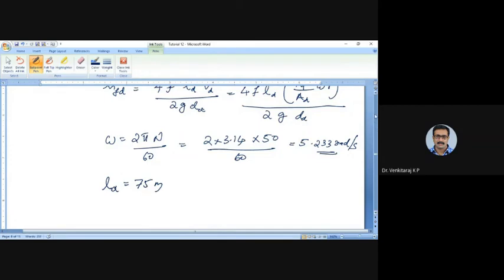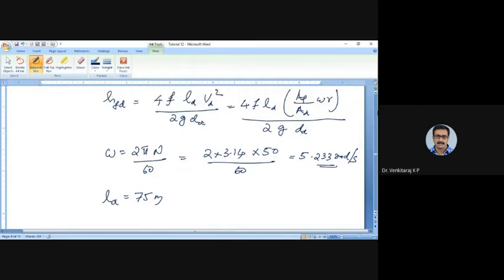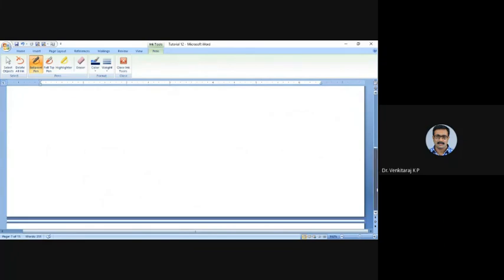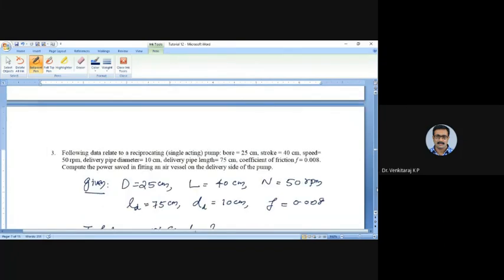So that correction we have to make in the question. It is 75 meter.